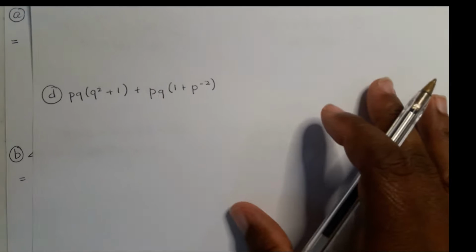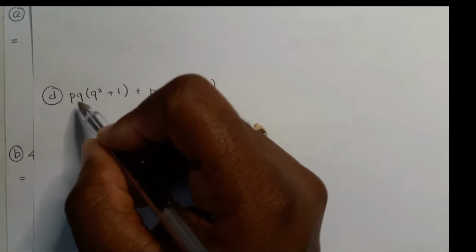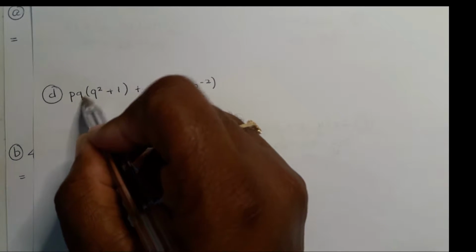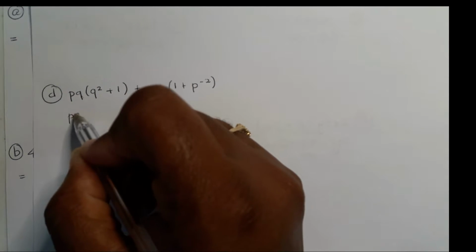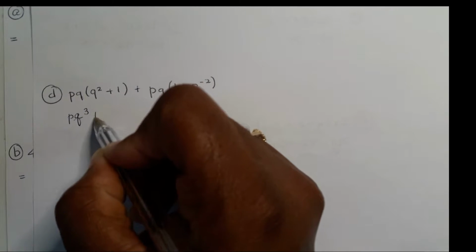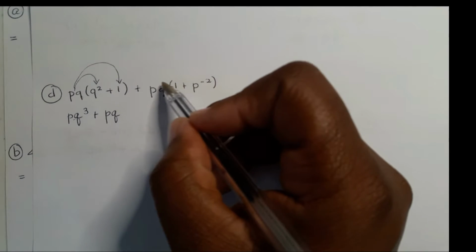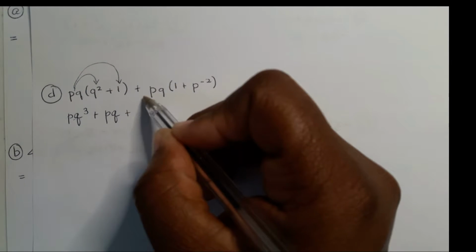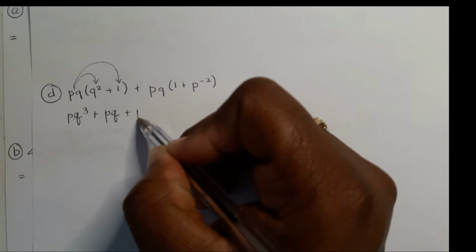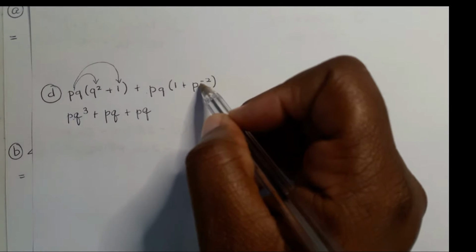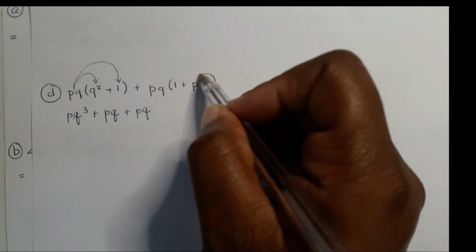And we're going to do the same thing here. So pq times q squared, this is 1 and this is 2, so we have q cubed, so we're going to have pq cubed plus pq, because you're multiplying this by this and that by that. And then we're going to have positive pq times 1, so pq again, and positive pq times p to the negative 2.